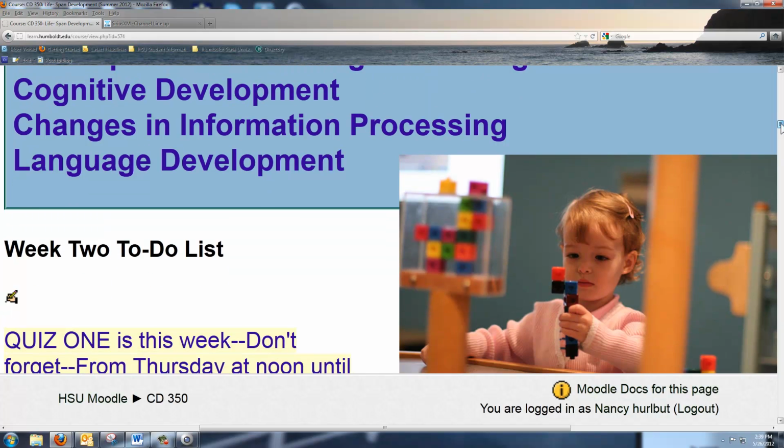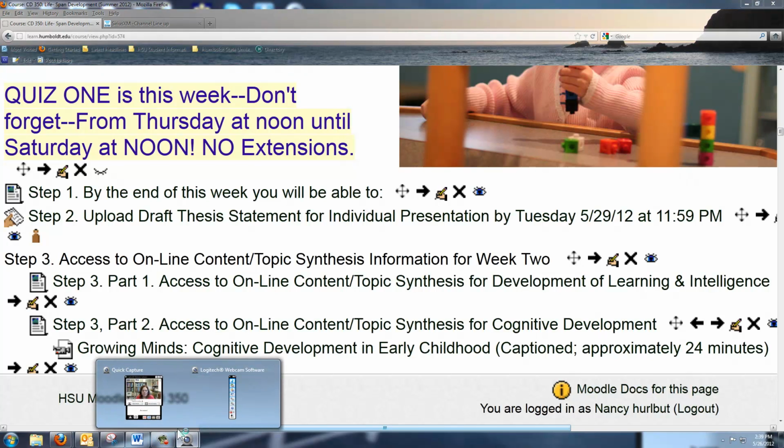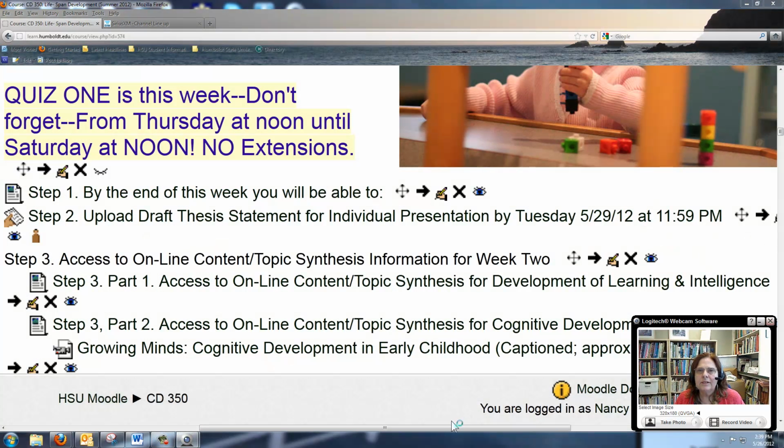So let's go down and look at week 2 to make sure that we're all clear on what assignments are due this week. First, and please don't forget this, you have a quiz due. You will be taking quiz 1, which will be open Thursday at noon and closed Saturday at noon, and it will not be open any other time.